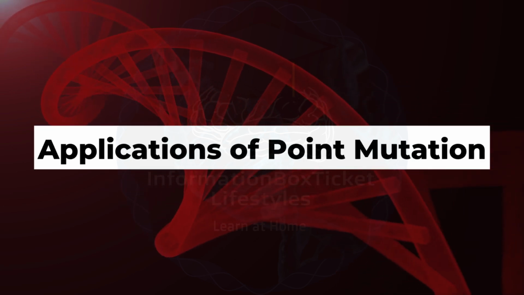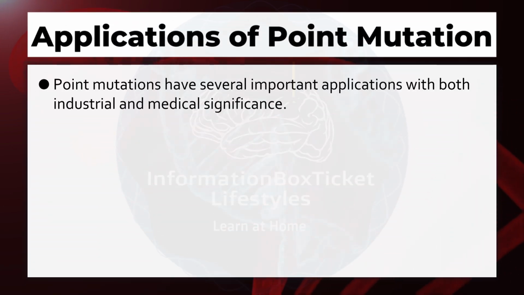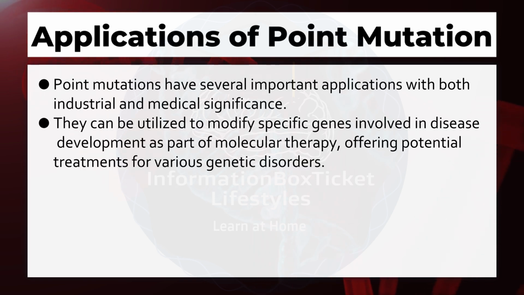Applications of point mutations. Point mutations have several important applications with both industrial and medical significance. They can be utilized to modify specific genes involved in disease development as part of molecular therapy, offering potential treatments for various genetic disorders.